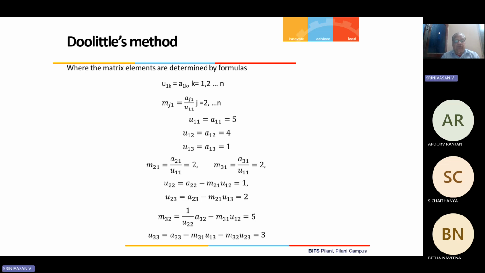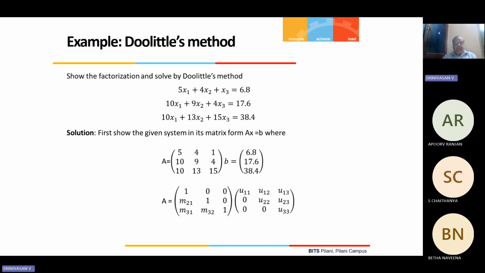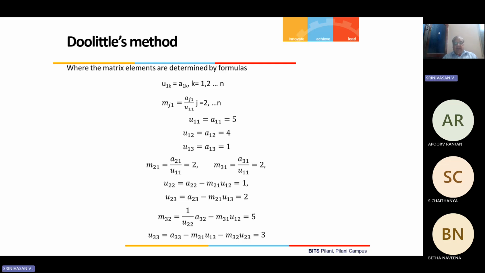So it is 5 into 2, 10. So you have A33, 15, 15 minus M31 into U13, 2. 15 minus 2, 13. Now 13 minus 10, 3.